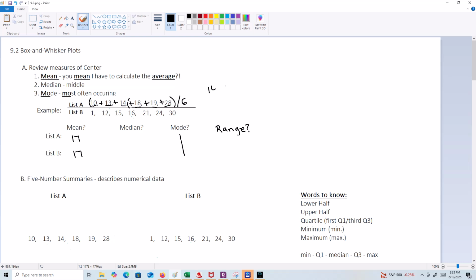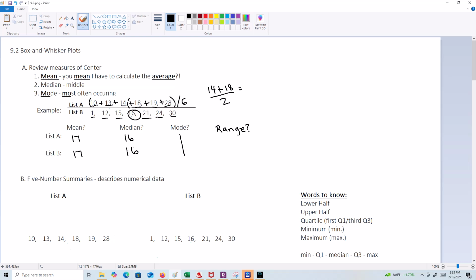So I have to take those two middle numbers, 14 and 18, and divide them by 2 and get the average. And so the median for list A is 16. I do the same thing for B. 1 and 30 match up, 12 and 24, 15 and 21, and that leaves 16. 16 is my median.